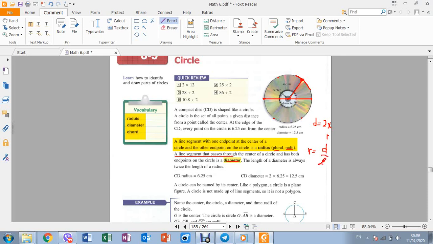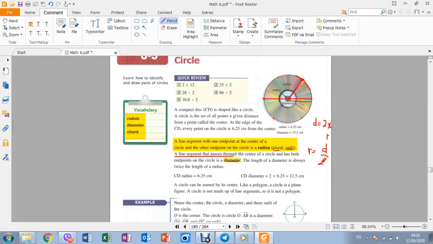When I give you the radius and tell you to find the diameter, you need to multiply by 2, because the diameter goes from one side to the other, but the radius only goes from the center to one side. So diameter is twice the radius, or the radius is the diameter divided by 2, because the radius is half of the diameter.